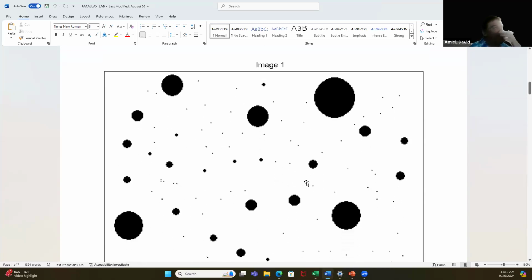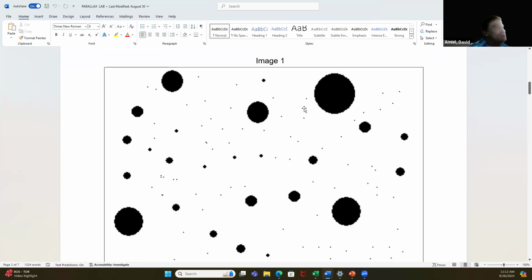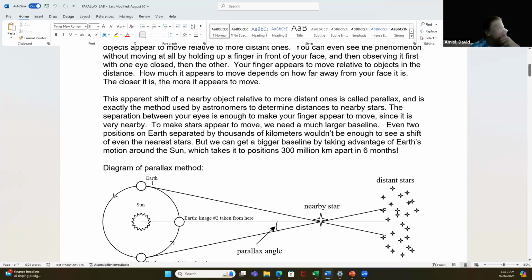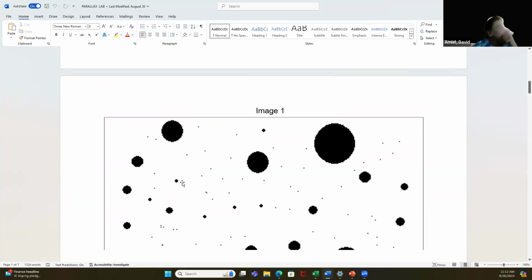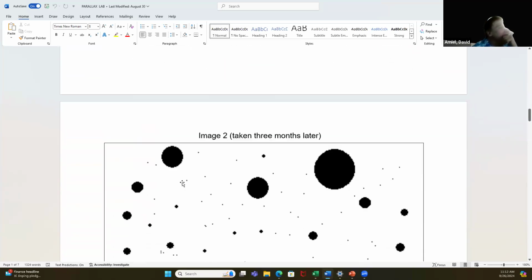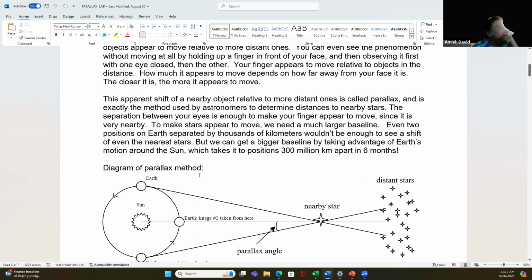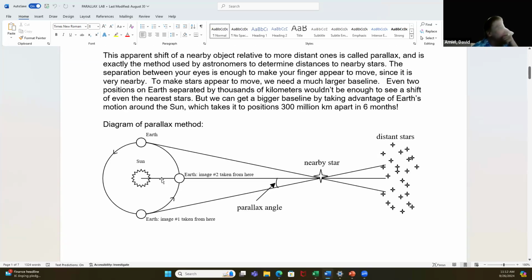So come up with, and you should draw a sketch. You should include some of these big boys here. And how would they appear if now you were at, say, the aphelion in Earth's orbit? And I guess I would add here that from image 2 here, you're actually looking straight on.